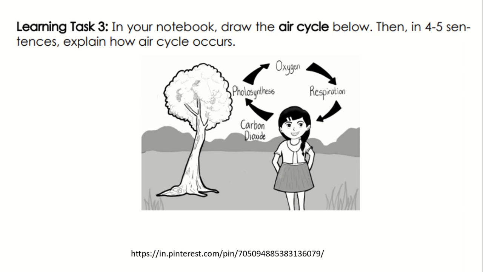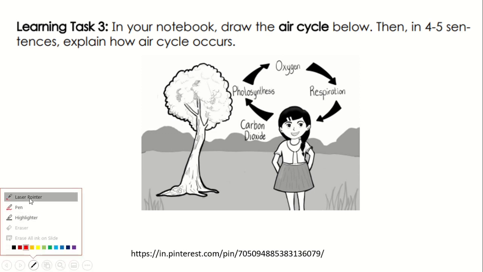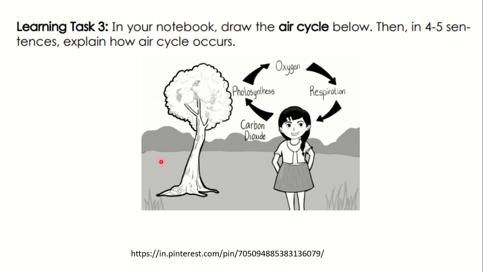The direction says in your notebook, draw the air cycle below. Then in 4 to 5 sentences, explain how the air cycle occurs. This is an image taken from Pinterest. And this is what you call a graphic organizer.